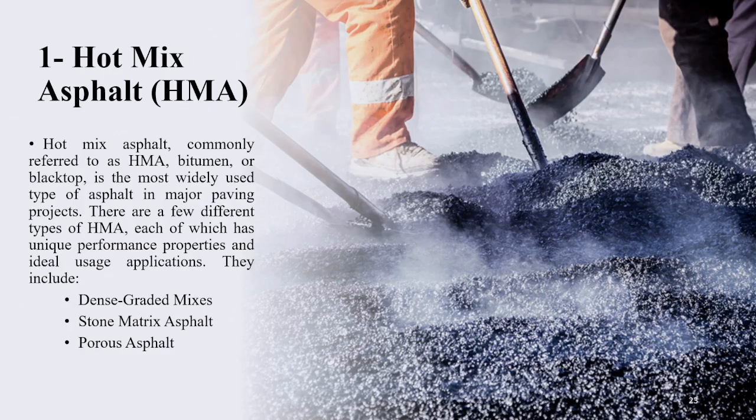So now for HMA, we have three types: the dense graded mixes, the stone matrix asphalt SMA, and the porous asphalt. So I guess here probably dense graded will be the most, right? And what type of coarse aggregate do you use, like up to 25 millimeter? 19 and down.